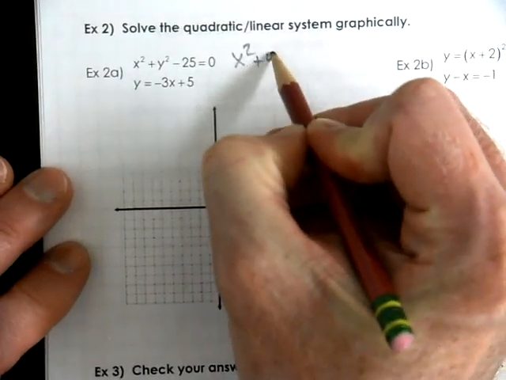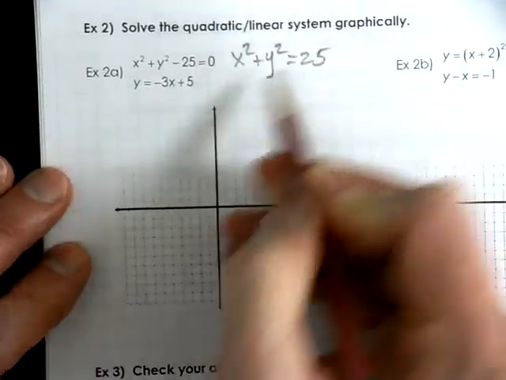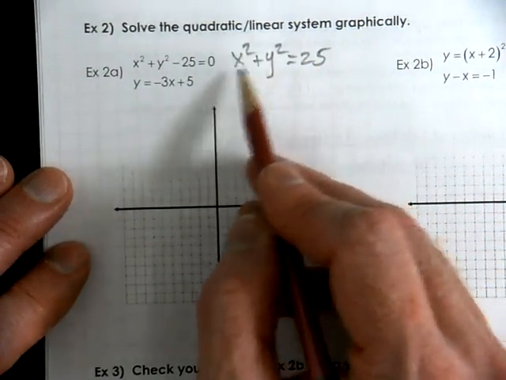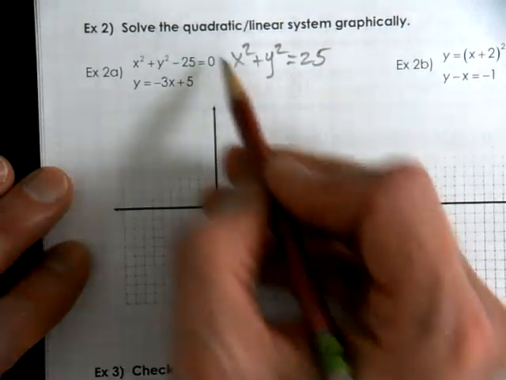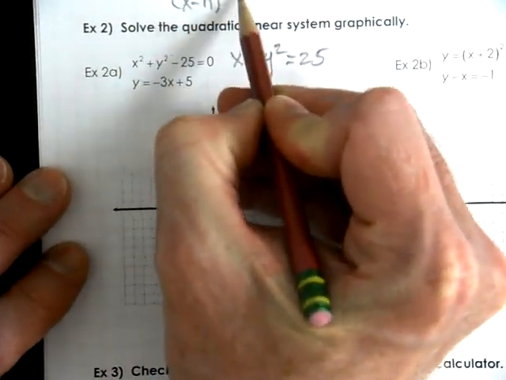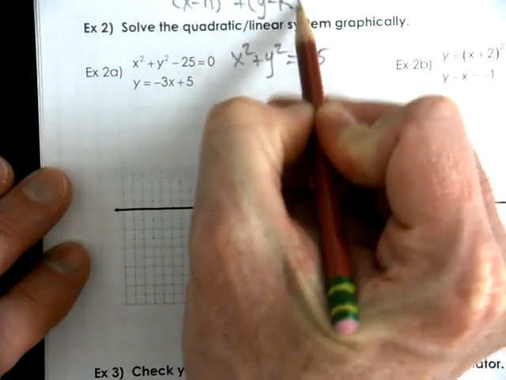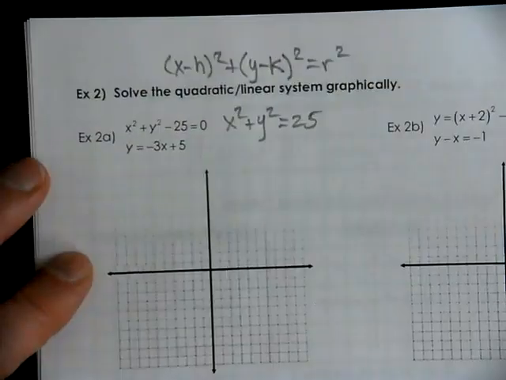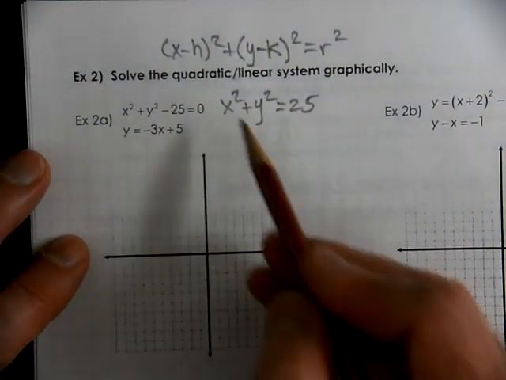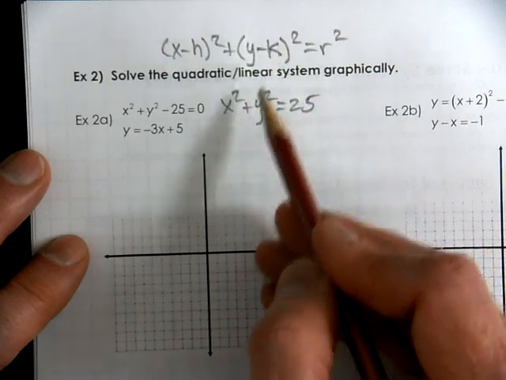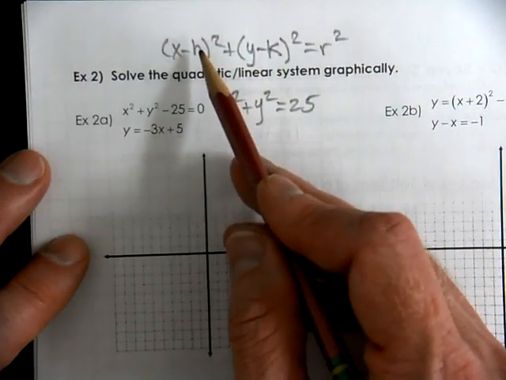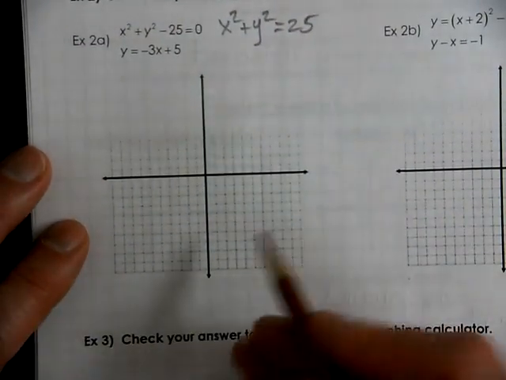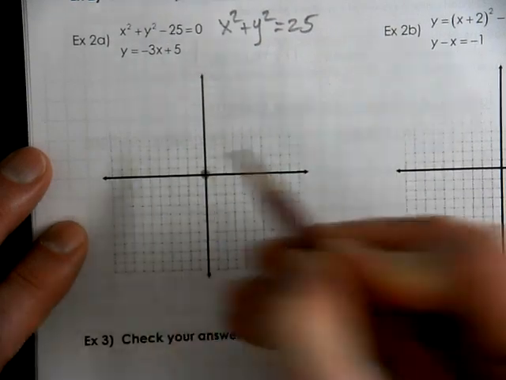And to be a circle, we would like to move the constant number over to the other side. So we know your standard form of a circle would put your center at the h and k. Well, we have no parentheses, so h and k would be 0. That means the center of the circle is at 0, 0, right at the origin.